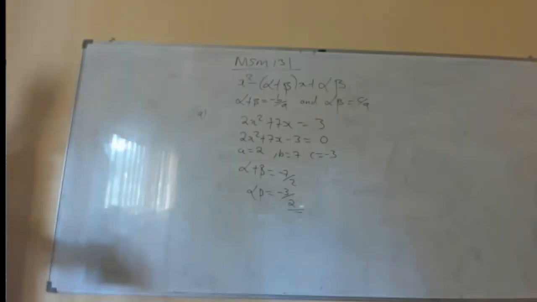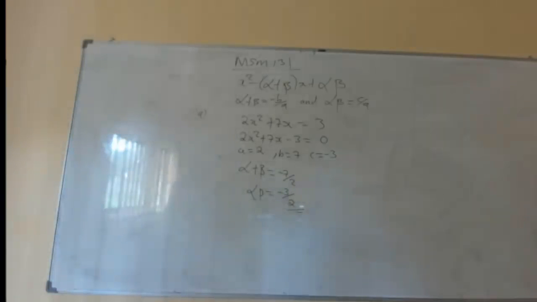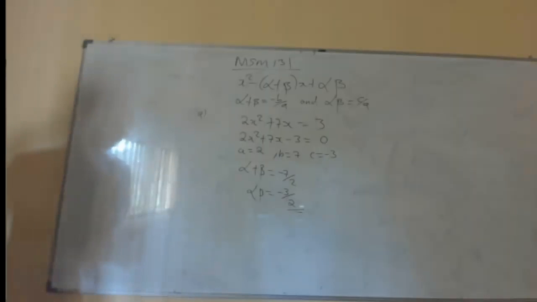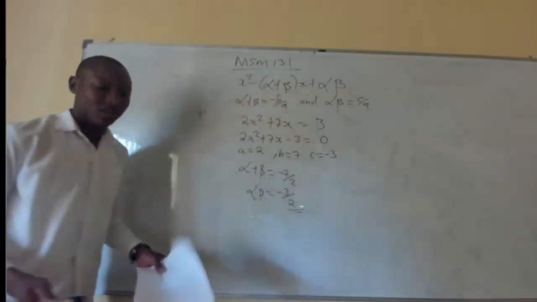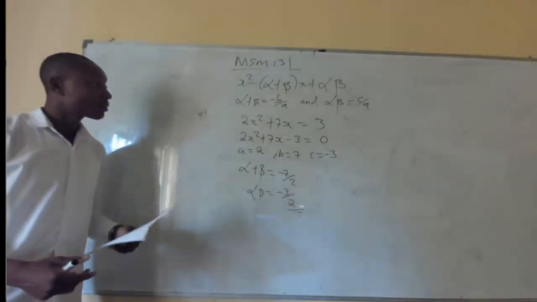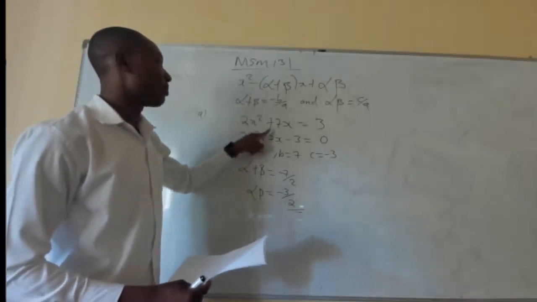So that's your answer. Okay. So we're saying to find the sum and the product of the roots, what you need to do is identify what your a, your b, and your c is from a given quadratic equation. Okay, it is as straightforward as that. So in this case, we identified that our a was 2, our b was 7.